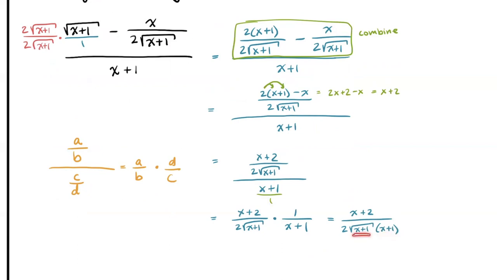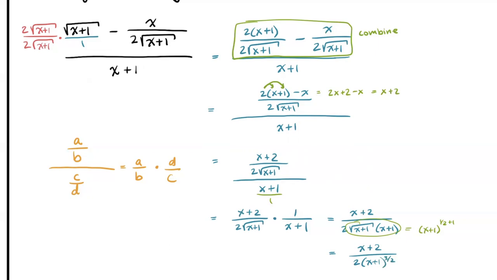We have x plus 1 to the 1/2, and we have x plus 1 to the first, or to the 1, and so we can combine those together. We add the powers: 1/2 plus 1, or in other words, 3/2. So this will be x plus 2 all over 2 times x plus 1 to the 3/2.